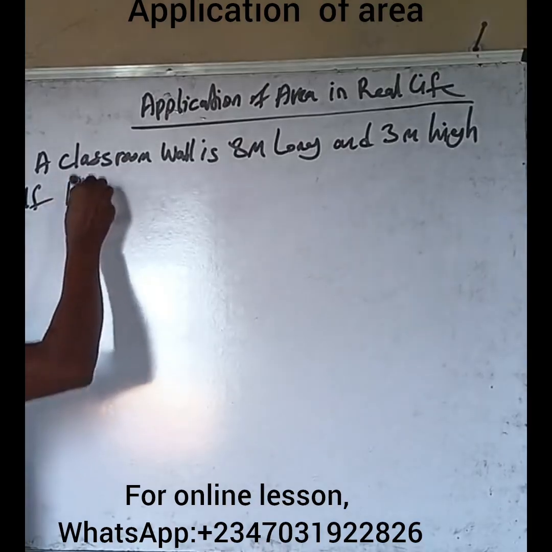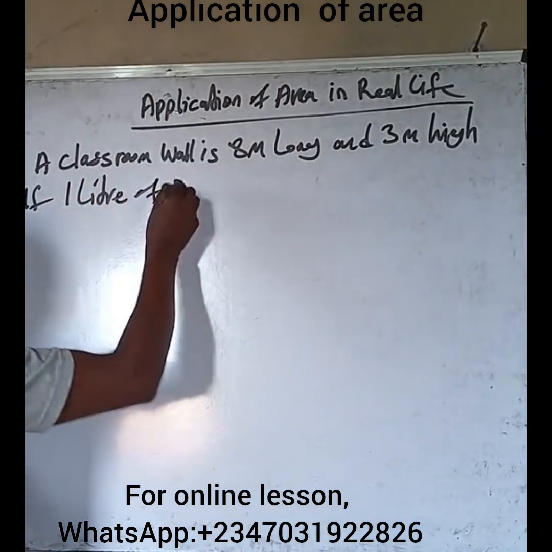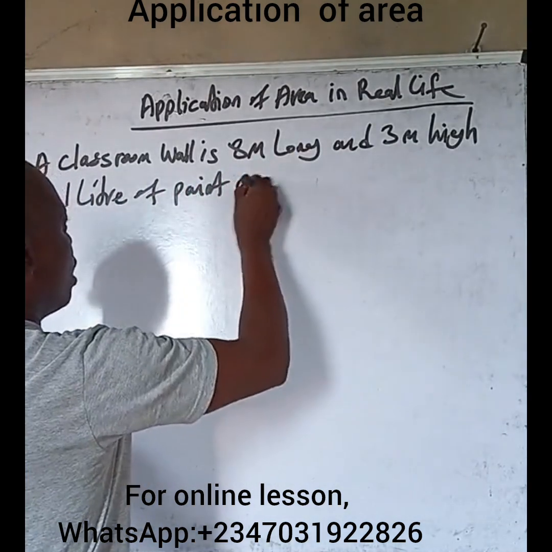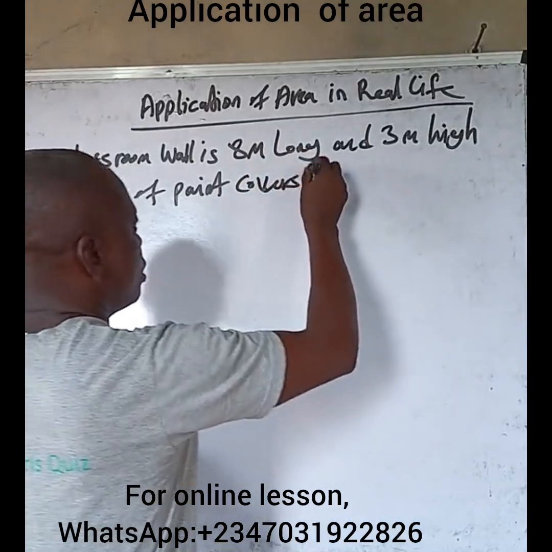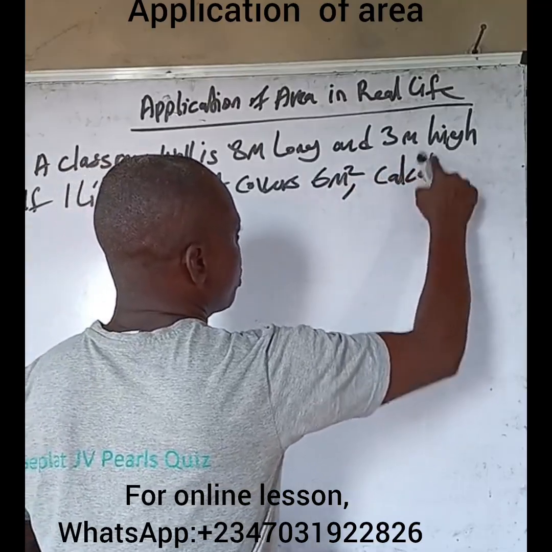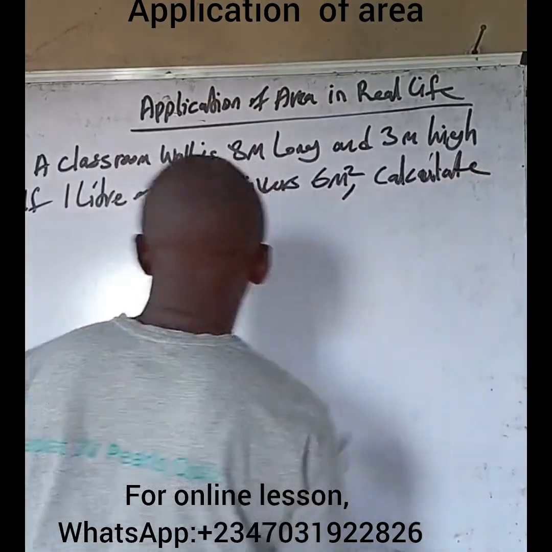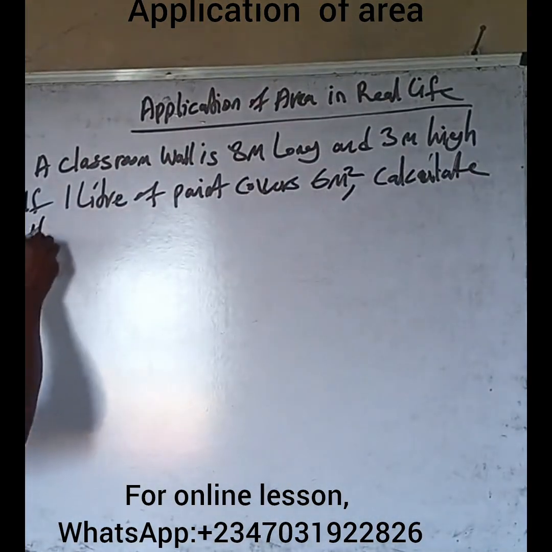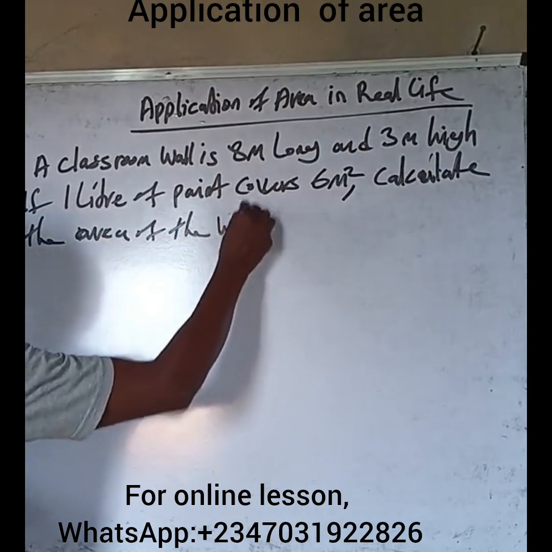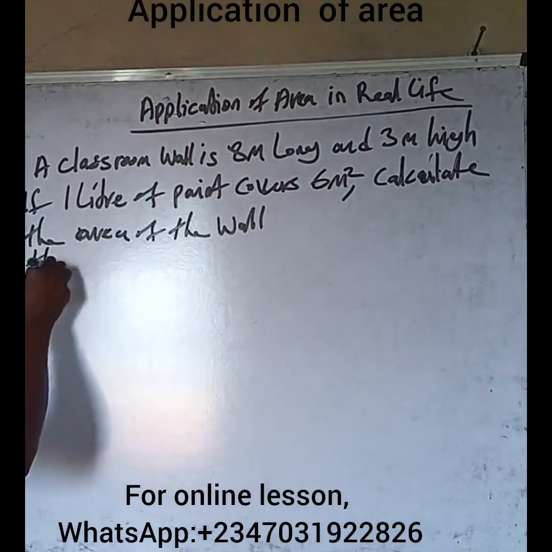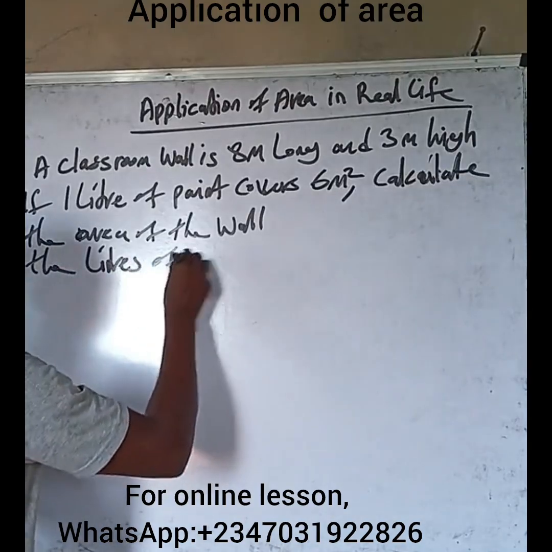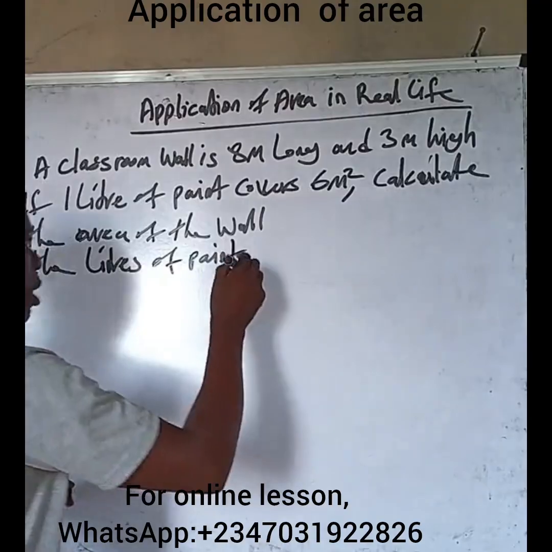If 1 liter of paint covers 6 square meters, calculate: 1, the area of the wall; 2, the liters of paint needed.